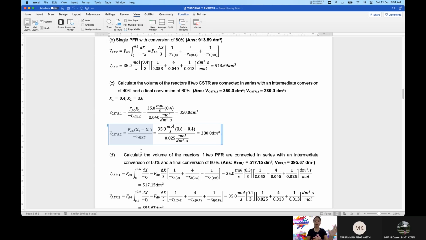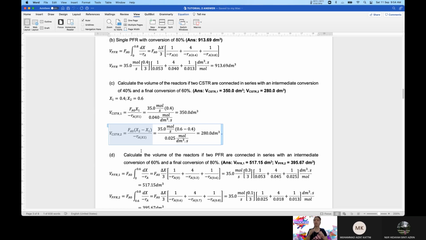So you get your FA0, X2 dia 0.6, X1 dia 0.4. Minus RA ni jangan lupa, kadang-kadang mungkin sudah confused. Minus RA ni kat 0.6 ke kat 0.4? Minus RA tu kena ikut pada reaktor punya conversion tu. Kalau reaktor kedua tu conversion dia adalah 0.6, so minus RA ni adalah apabila X saya 0.6.